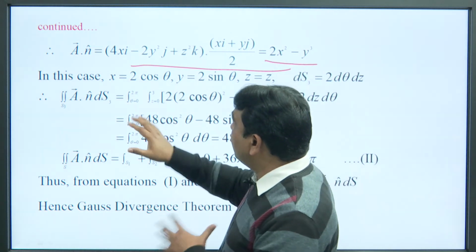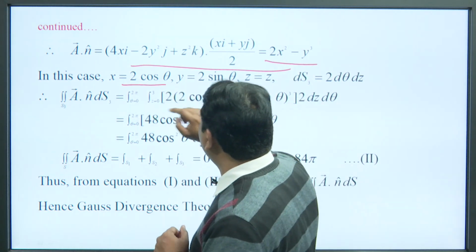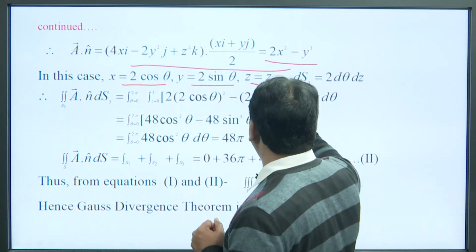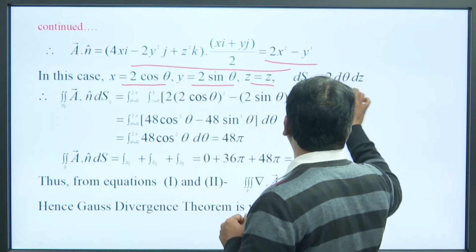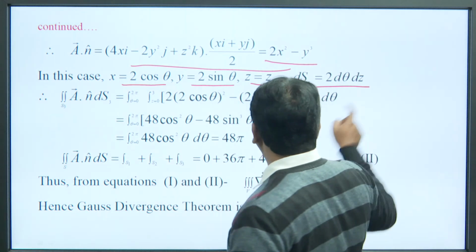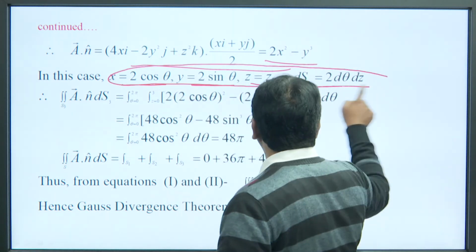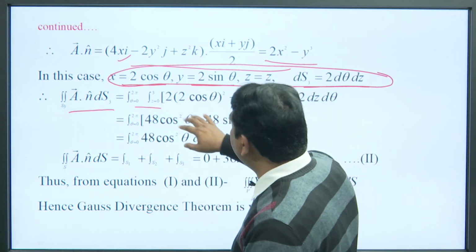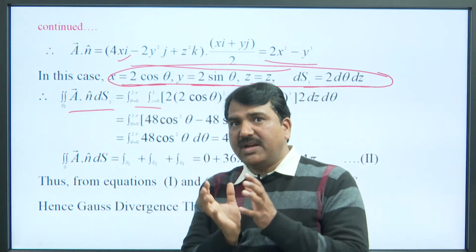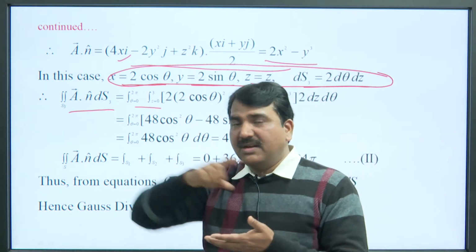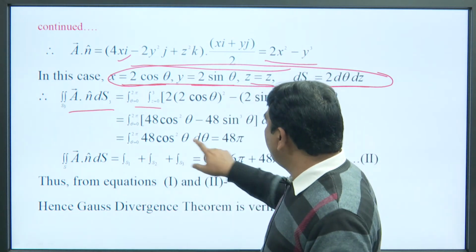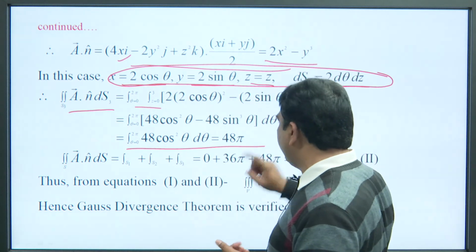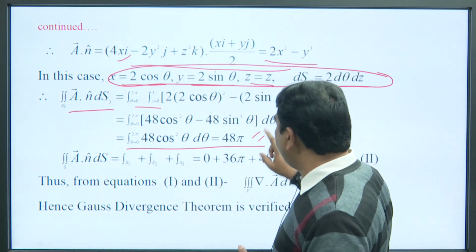In this case, to solve the integral we put x equal to 2 cos theta, y equal to 2 sin theta and z equal to z, dS3 equal to 2 d theta dz. By using these results we can convert this A dot n dS3 into this form. Here theta varies from 0 to 2 pi, because for the full circle this is 0 to 2 pi, and after performing certain calculations we can evaluate the value as 48 pi.